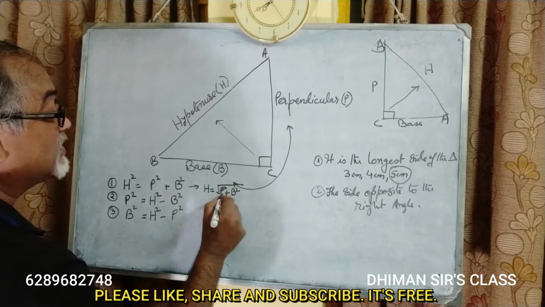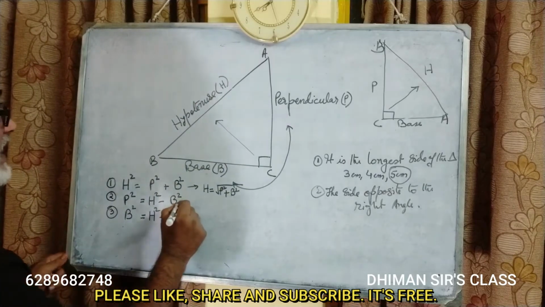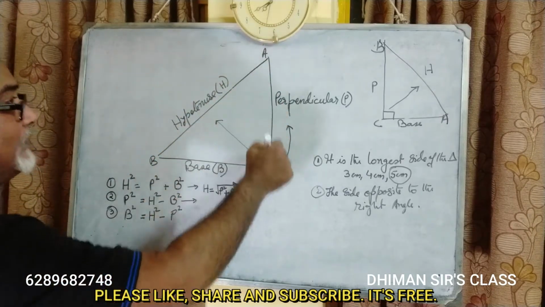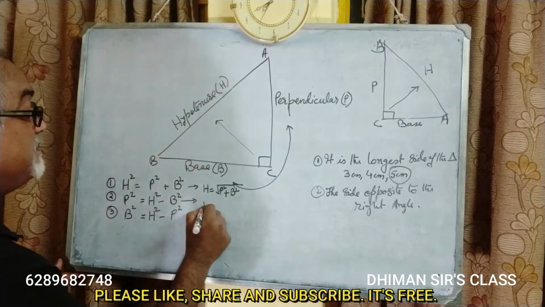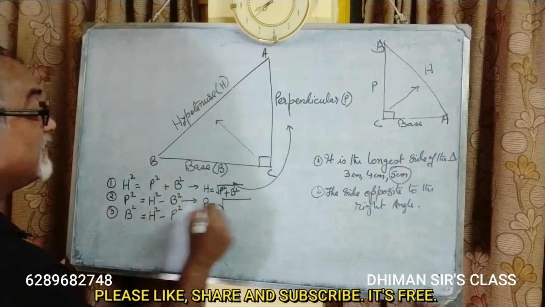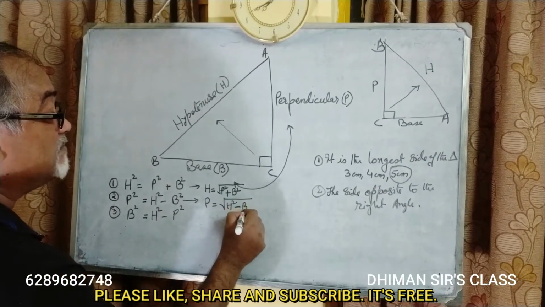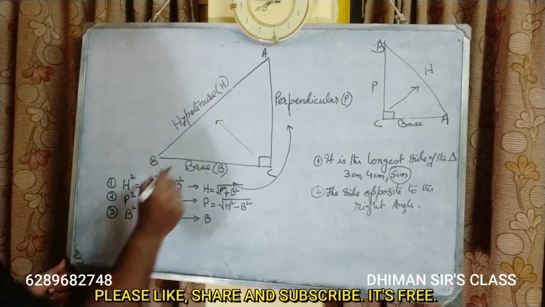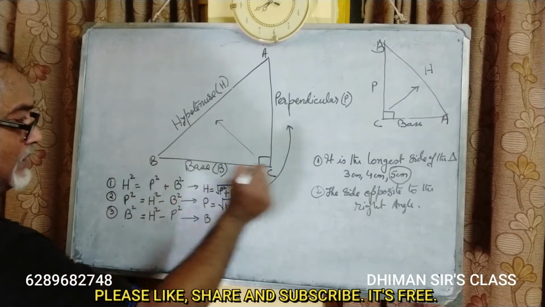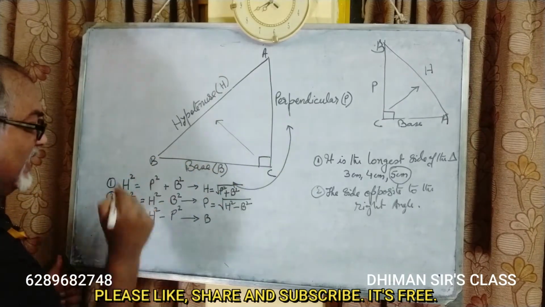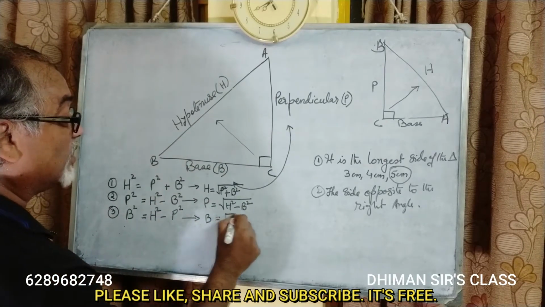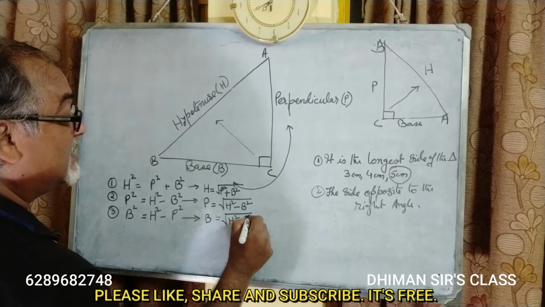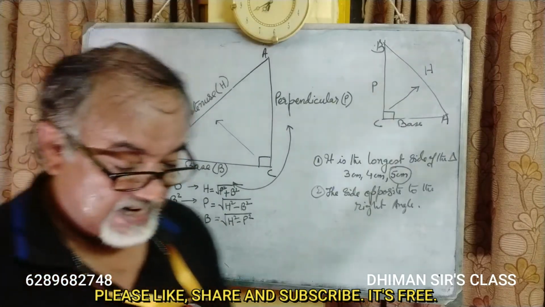Similarly, instead of the perpendicular square, if we need only the length of AC, the length of the perpendicular, then P is equal to root over H square minus B square. And similarly, if we don't want the square of the base but the length of the base, then B is equal to root over H square minus P square. That's it. That is the Pythagoras theorem.